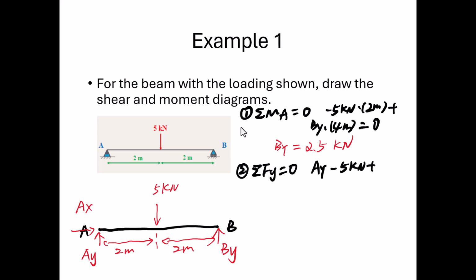And we can solve Ay equals 2.5 kilonewton. What about Ax? Ax is the only horizontal force, so we can just write Ax equals 0.